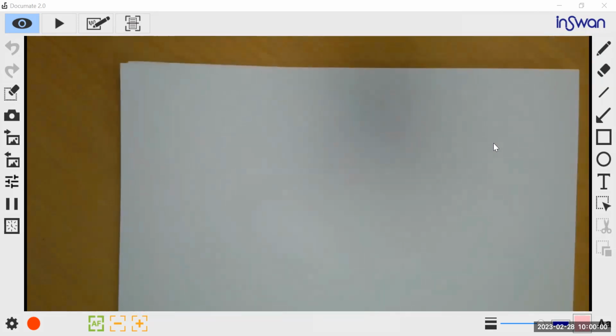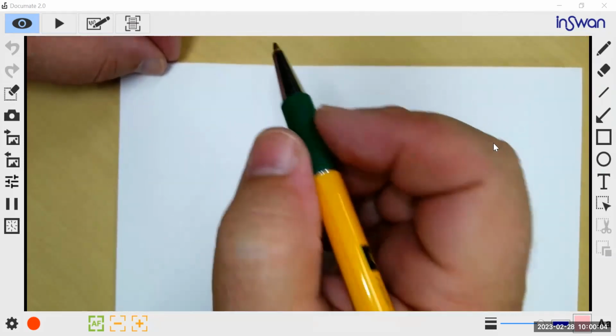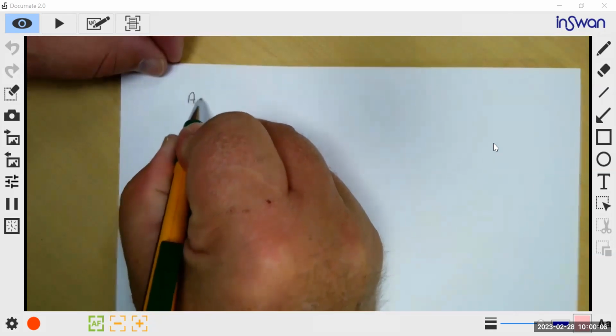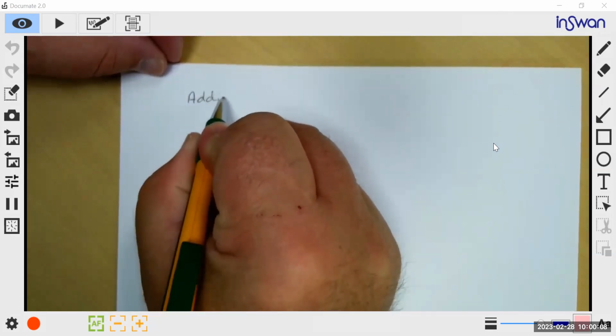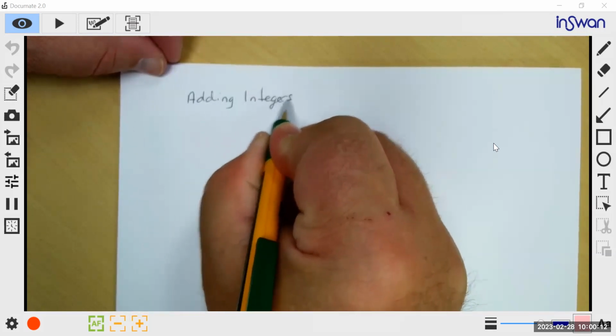The next set we're going to talk about is the adding, subtracting, multiplying, dividing of integers. Adding integers.